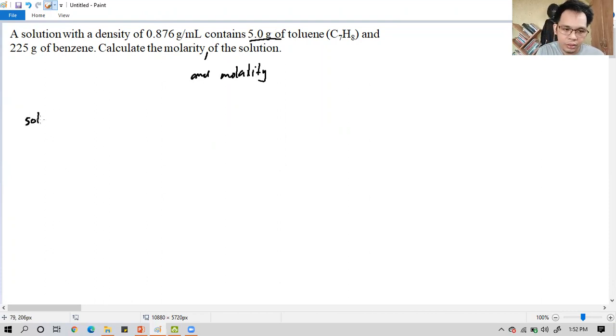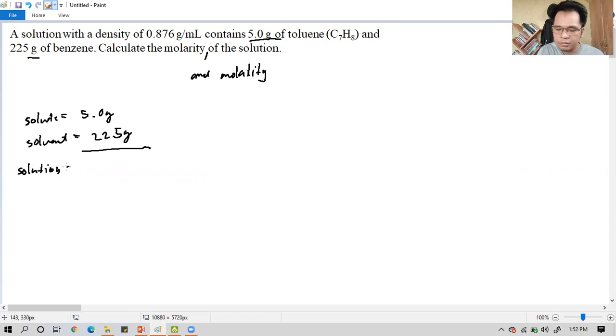So, solute, the 5 grams toluene. The solvent is 225 grams of benzene. Hindi ko na sinulat yung pangalan nila. That will yield the mass ng solution natin. Dapat may assumed na mass yan. So, mass na lang, that would be 230 grams. Yan yung mass ng solution natin.